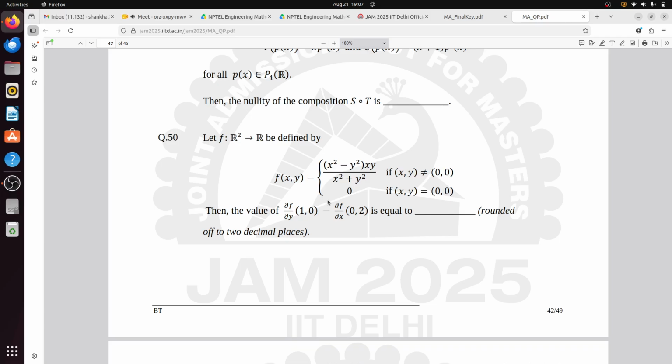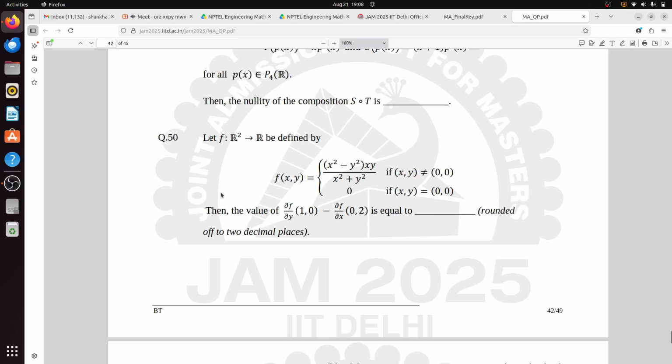That 0 component will vanish, so that will be 4 and 1, that will be 1, and del f del x at (0,2) will be 2, so answer will be 3.